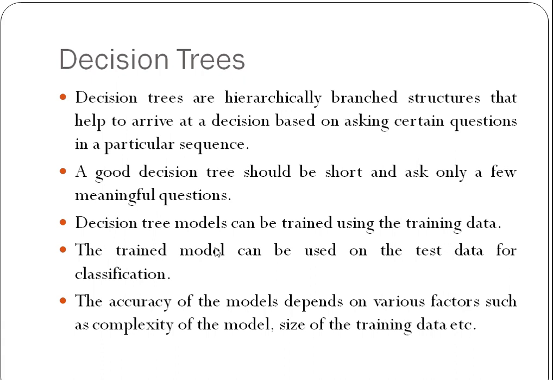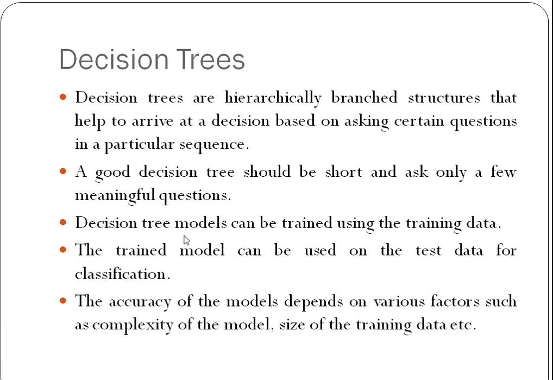If the particular model you have chosen is not giving the required accuracy, you have to go with different models. The accuracy of the models depends on various factors, such as the complexity of the model and the size of the training data. If the model is very complex, there is a chance of overfitting.